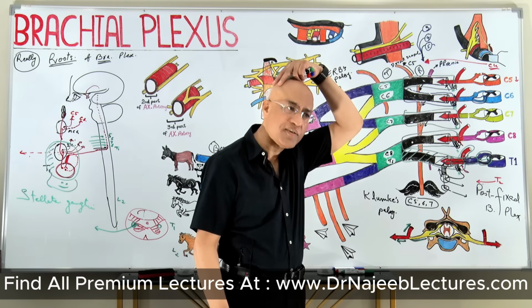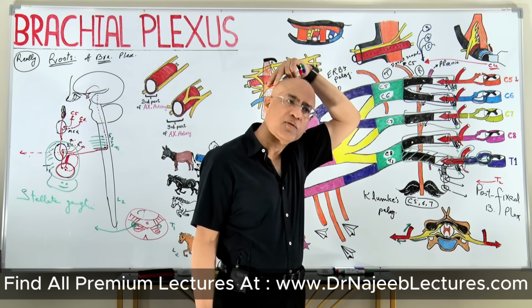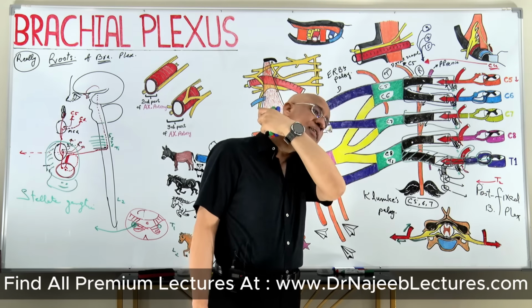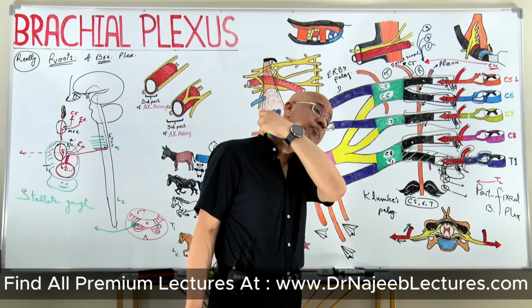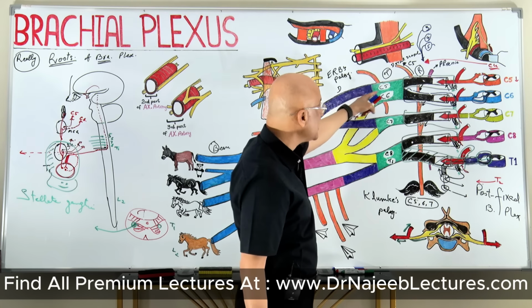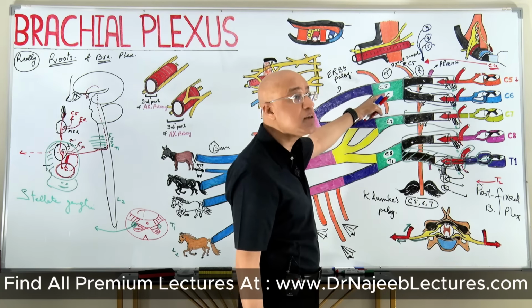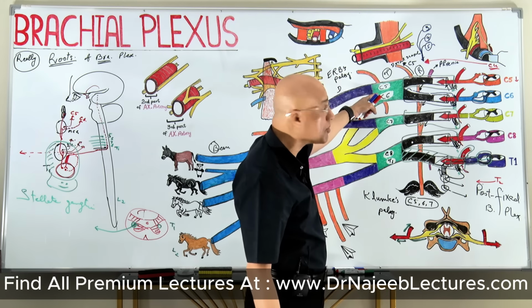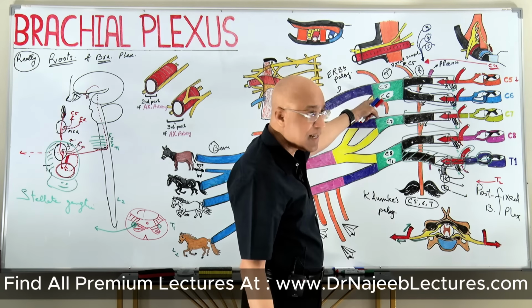And if there is excessive manipulation of the head, with excessive separation of the head from the shoulder, right? There will be overstretch on the upper part of the brachial plexus, and there may be damage, there may be stretch, or even with brutal manipulation, it may be ruptured. So this damage will lead to Erb's palsy, right?